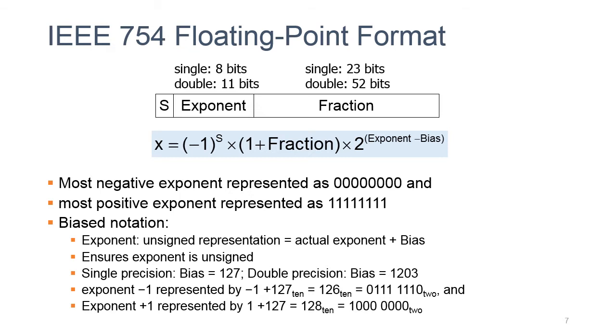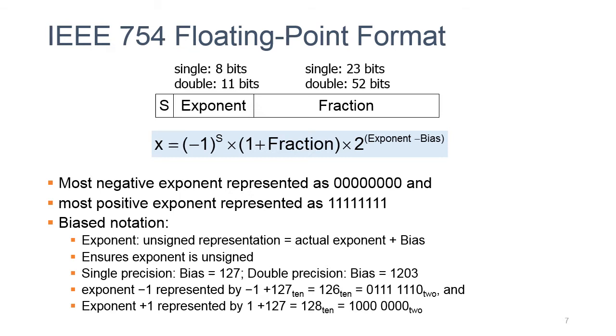So the total number of bits in single precision, including sign, exponent and fraction, is equal to 32 bits, and for a double precision number it is 64 bits.